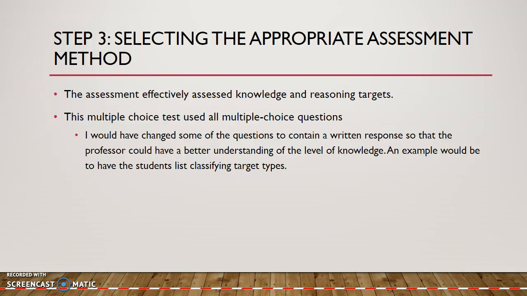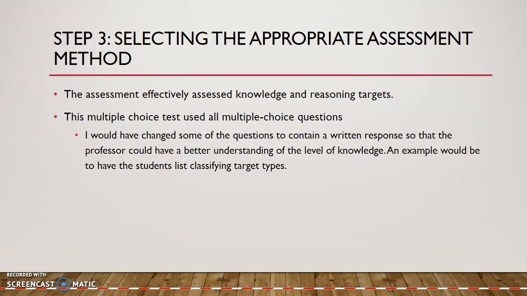Now, here is one thing I would have changed a bit in the test. I would have changed a couple of the questions to a written response because I felt that some of the questions had more than one right answer. So if I had the opportunity to give a written response, I could explain or support the reason why I answered the question a certain way.